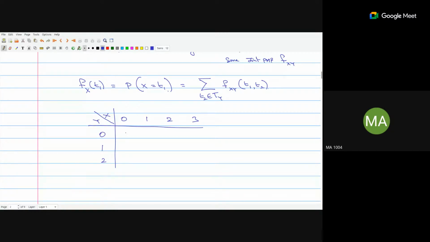Now let's use some random values: 1/16, 1/16, 1/8, 1/16, 1/8, 1/16, then 1/8, 1/8, 1/2, some zeros, 1/4, 1/4, 0, 0. Let it be like this.